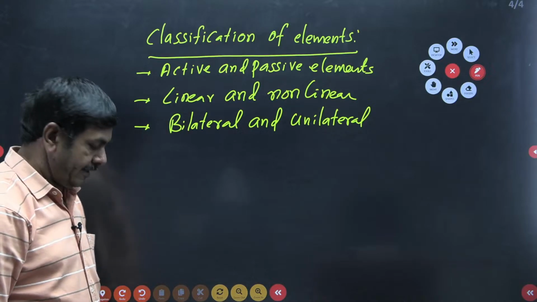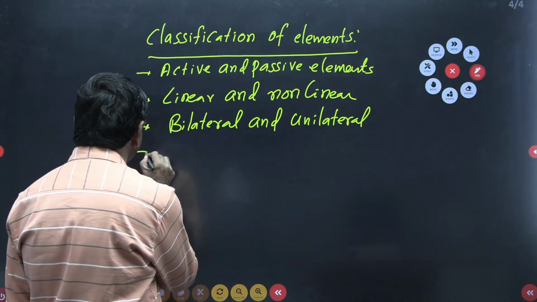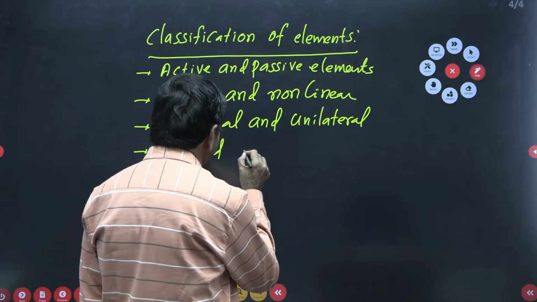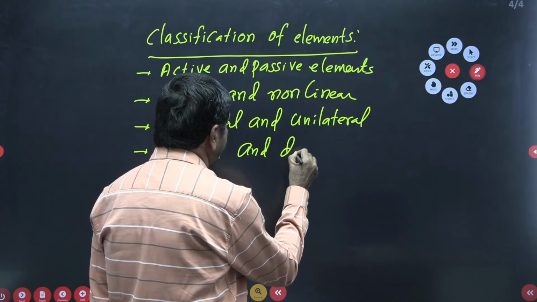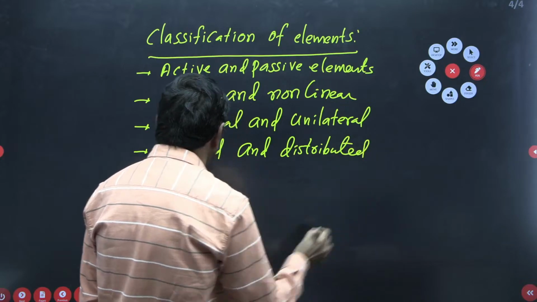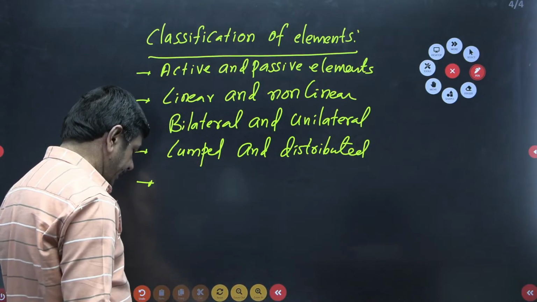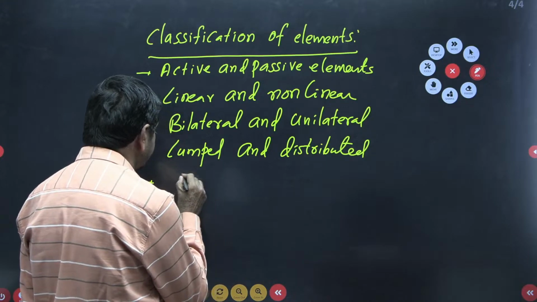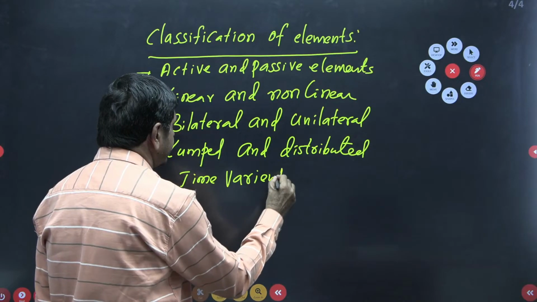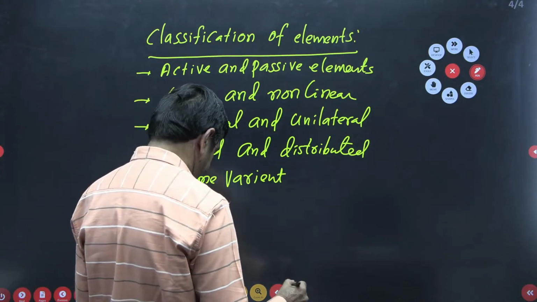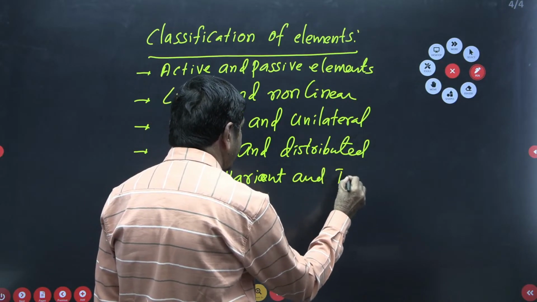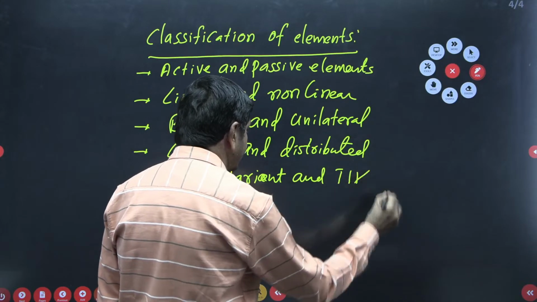Next one is said to be lumped and distributed elements. The fourth one is said to be time variant and time invariant elements, TIV I have taken.